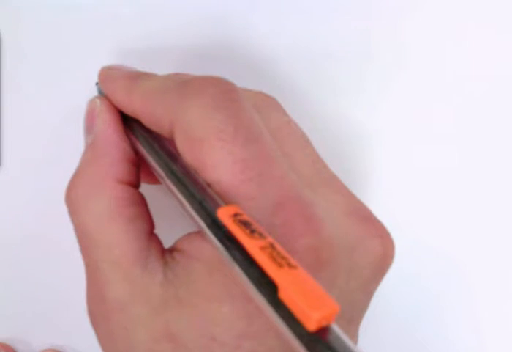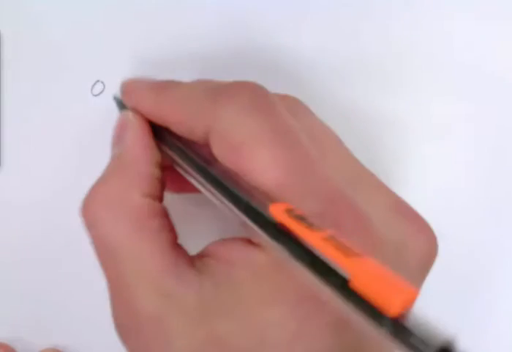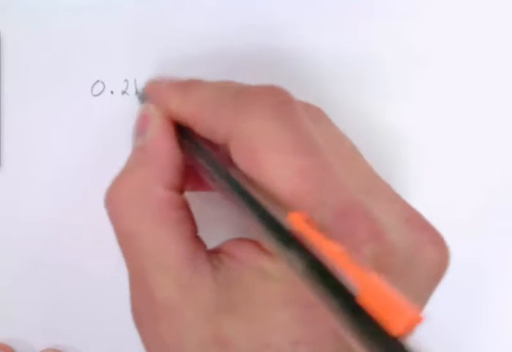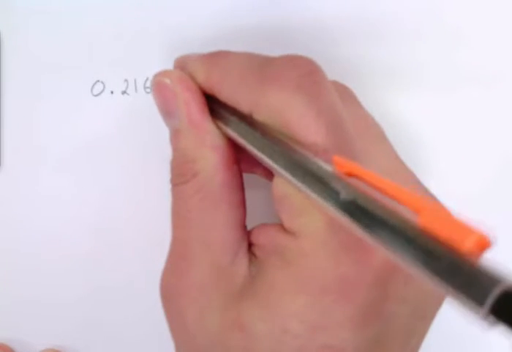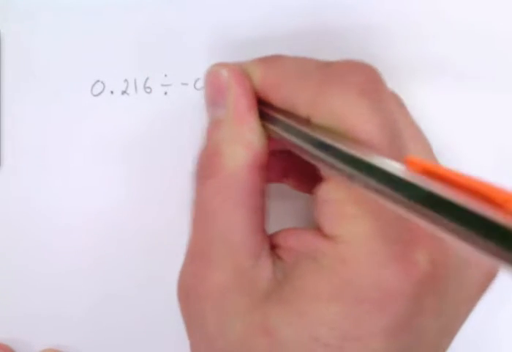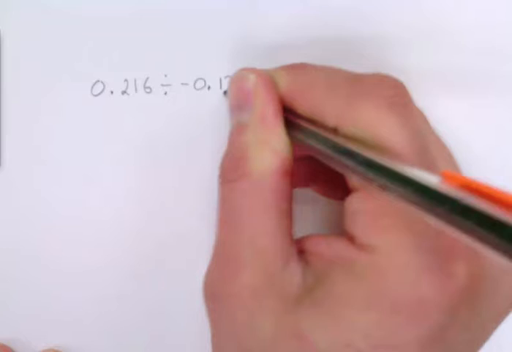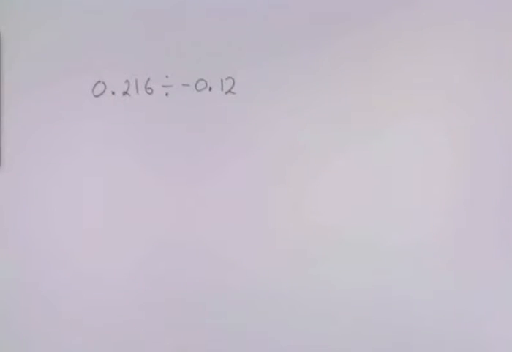Let's try another one. Let's try this one here. For this one, I'm going to have 0.216 divided by negative 0.12. Alright? So first step again is we are going to put it as a fraction.